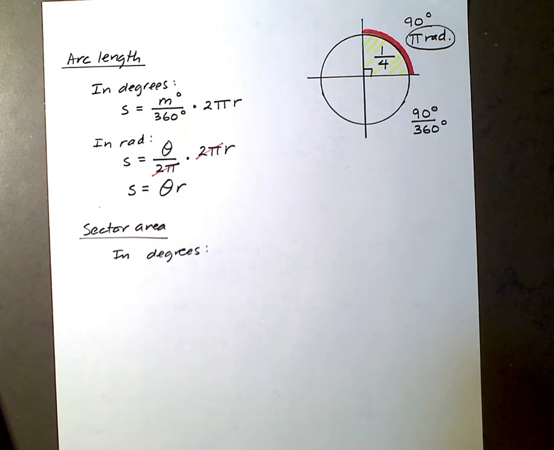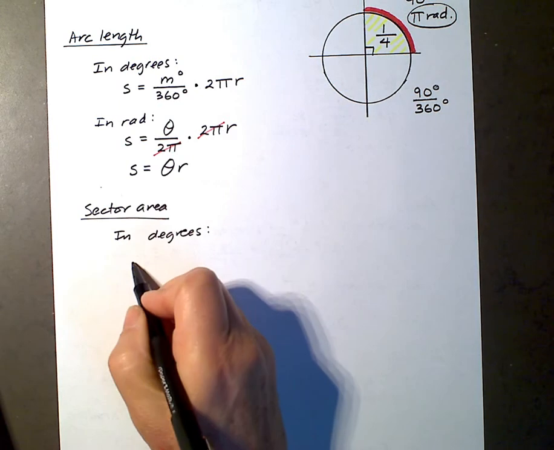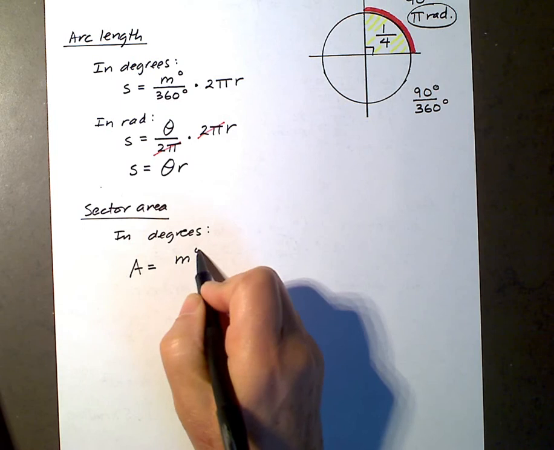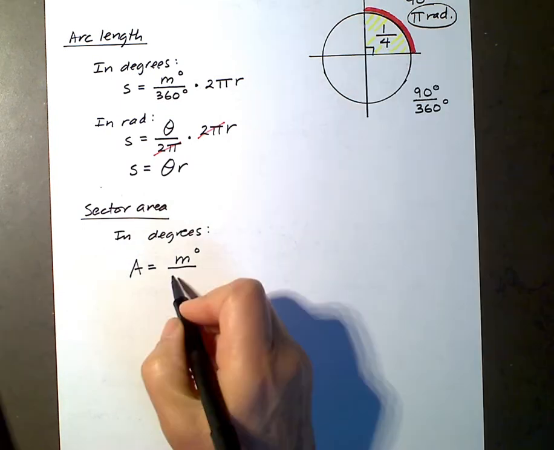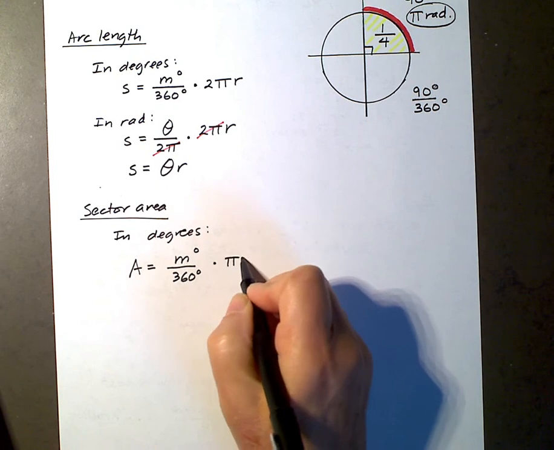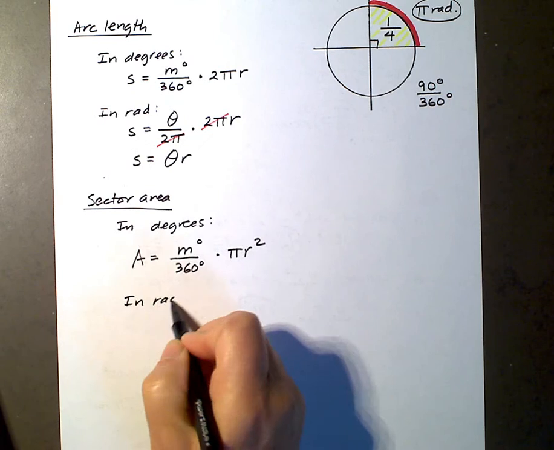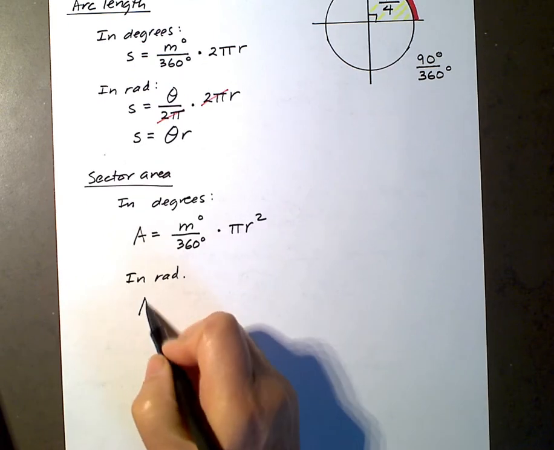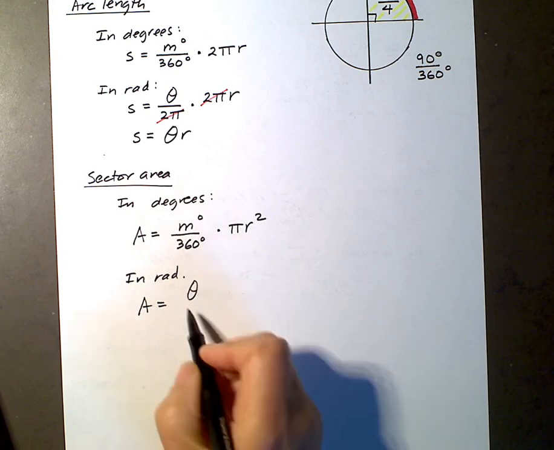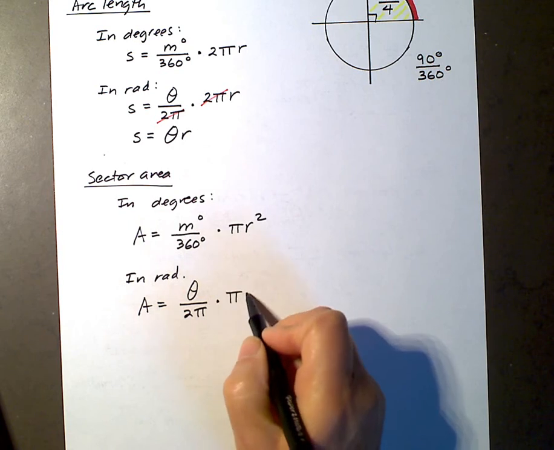As far as the sector area, it's very similar. In degrees, I would use that same fraction, the measure of this central angle in degrees over 360, and multiply this by pi r squared. In radians, I would replace the measure in degrees with the measure of the angle in radians out of 2 pi radians, and then multiply that by pi r squared.